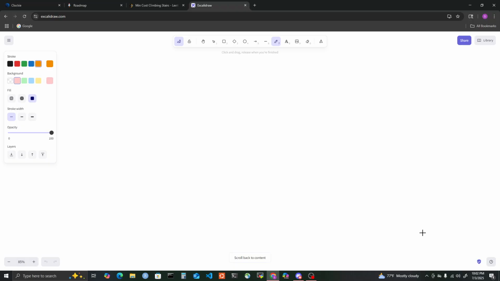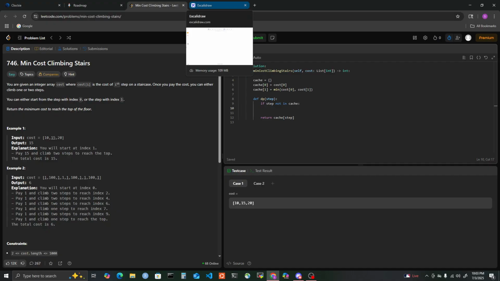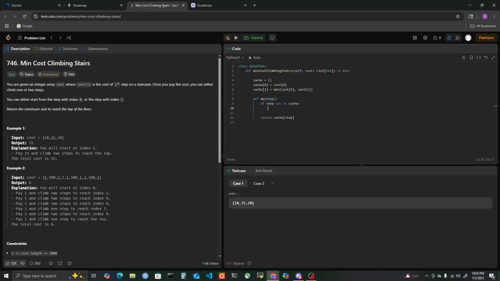I kind of threw all that stuff away. Honestly, if I had started this journey a year ago, I probably would have exceeded much more than I'm doing right now, because I'm kind of rusty. This is probably a very easy problem for me whenever I was actually doing this stuff. But now I'm washed. Now I'm sitting here and I'm having to draw it out.